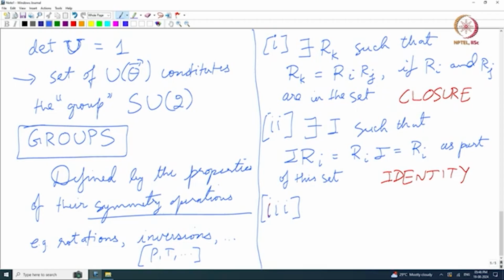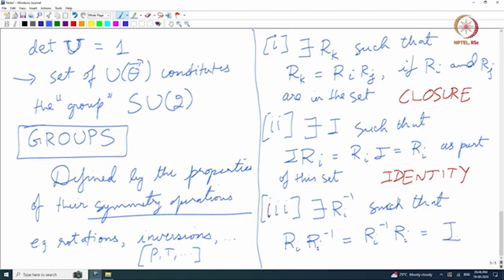Here is another property that you need. There exists an element that I am going to call the inverse of Ri such that Ri times Ri inverse equals Ri inverse times Ri gives me what?